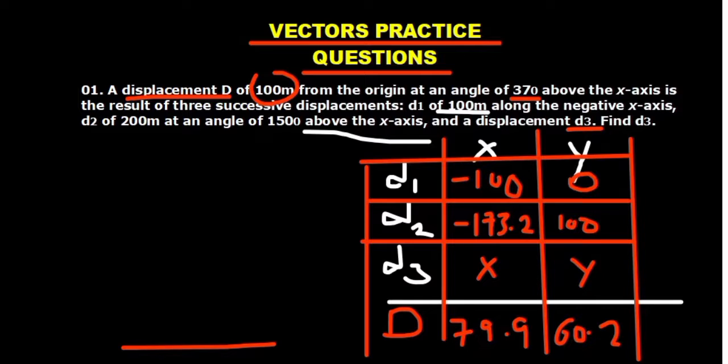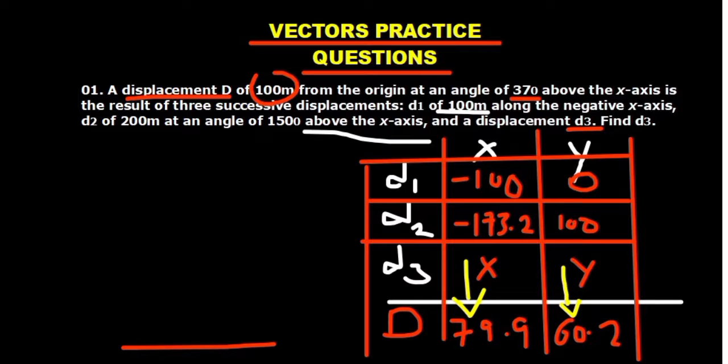but we need to find x and y for D3. So how do you go about it? Remember from the question, D was a resultant of these other vectors. So when you add all the x components, they're supposed to sum up to 79.9, and when you add all the y components, they're supposed to add up to 60.2. So that becomes easier, because you'll be able to find the value of x.